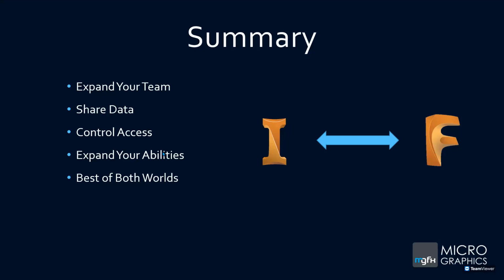You can include both Inventor and Fusion licensed users, designers, machine shops. If you have a Fusion 360 Collaborators license for, let's say, management or sales and marketing, they can be included and have access to the data.